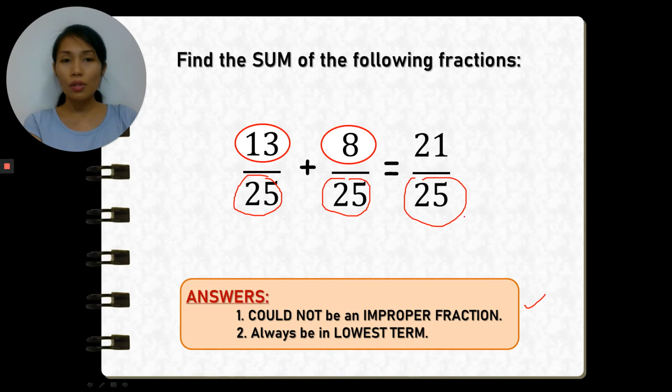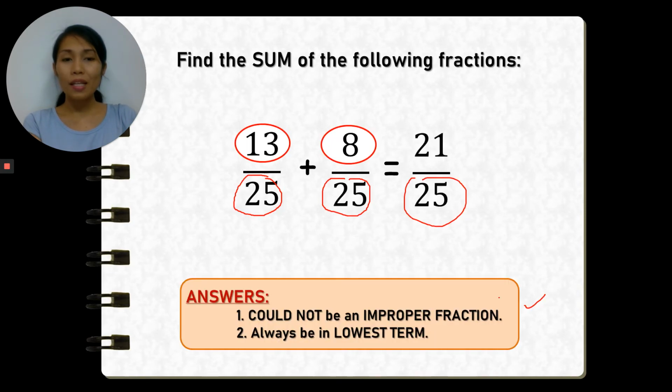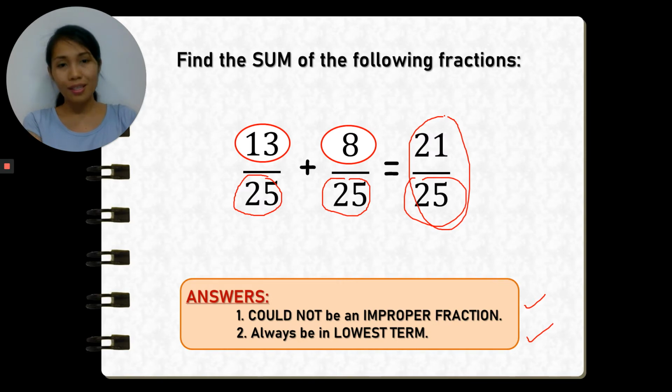Is this in lowest term? 21 and 25? Yes. So that's correct. So that means this is our final answer, 21 out of 25, or 21 over 25, or 21/25. Okay, there are so many names for fractions.